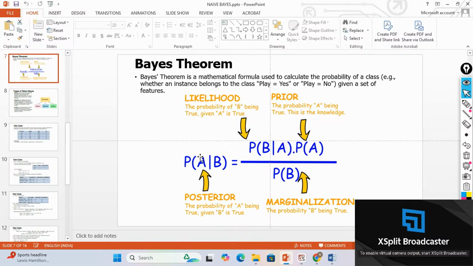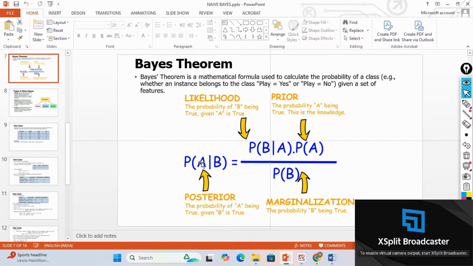What does the posterior probability say? It says whether the person plays or not given the conditions. So for these conditions, the event B has already occurred. You are going to check whether a person will play or not. So A takes Y, B takes X. Am I right?